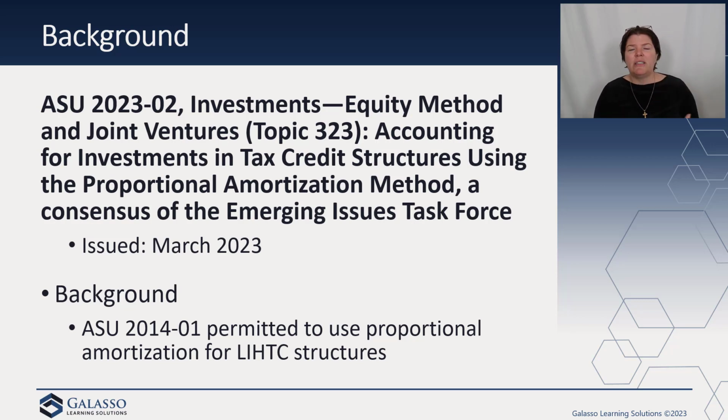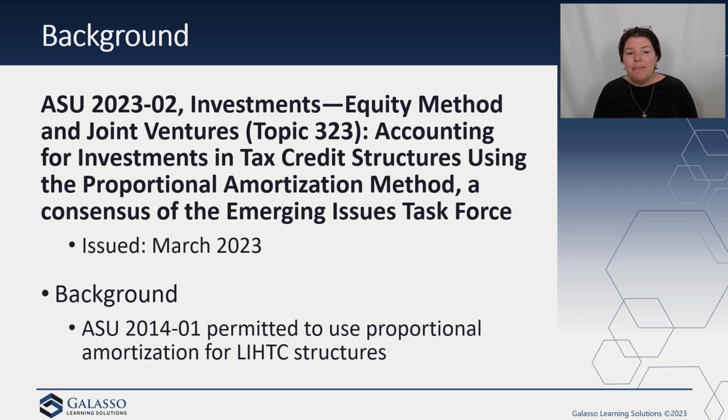So where did all of the accounting come from in this area? Well, the accounting for qualified affordable housing projects actually started way back in 2014, so almost a decade ago. ASU 2014-01, which was accounting for investments in qualified affordable housing projects, introduced the option to apply the proportional amortization method to account for investments made primarily for the purpose of receiving income tax credits and other income tax benefits.